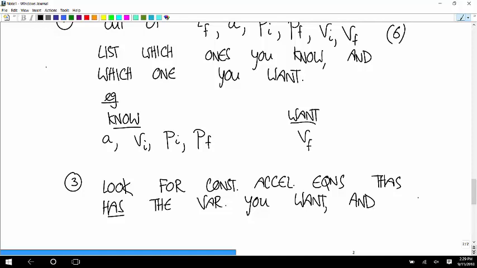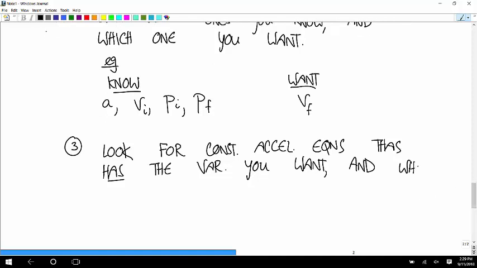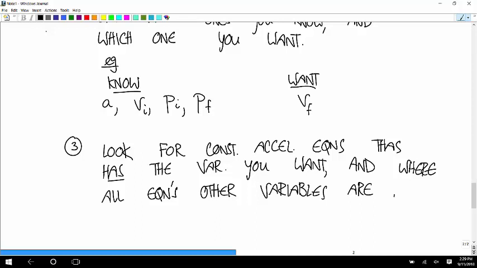And where all the equation's other variables are known. If you can find an equation like this, then you can solve for the variable you want and you're done. You know, and solve.